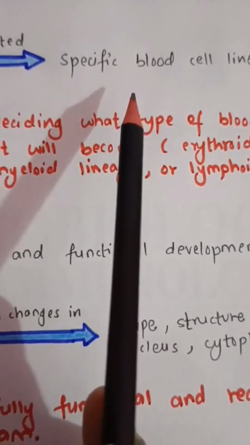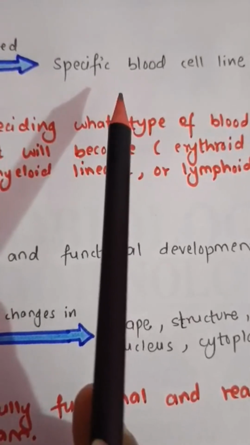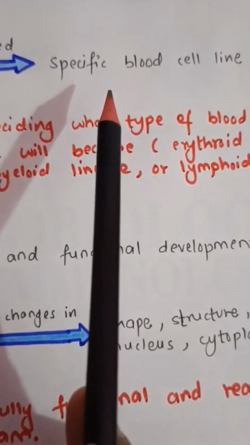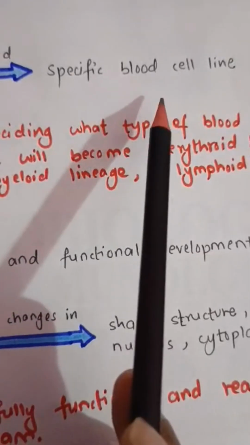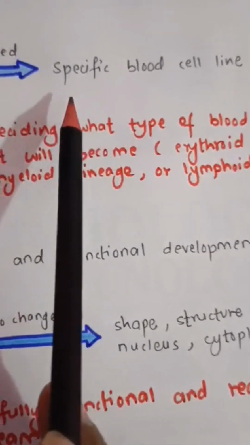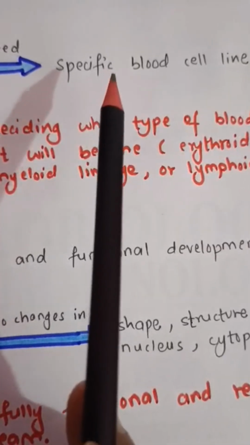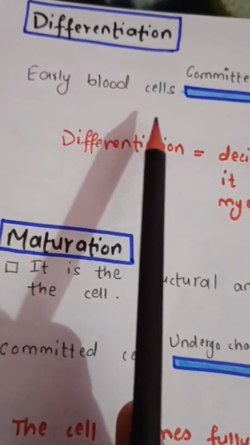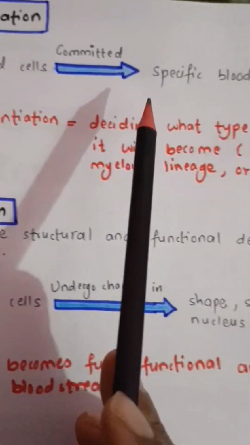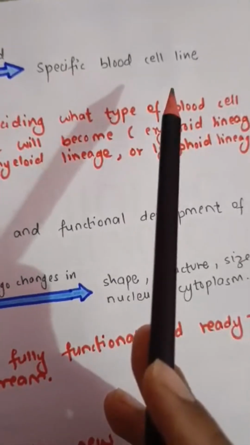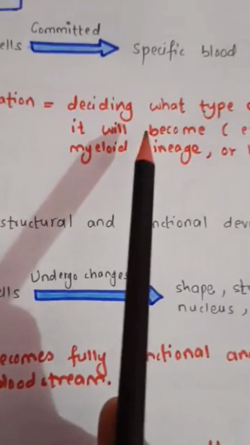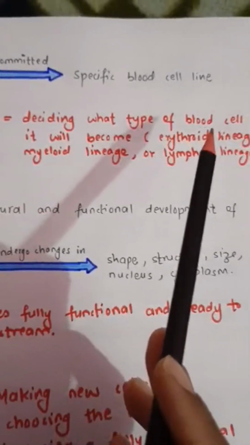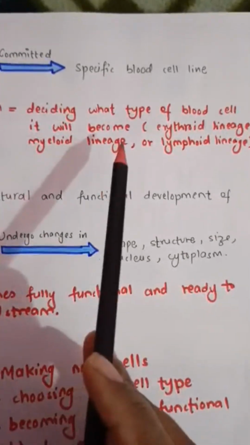For example, some cells become RBCs, some become platelets, some become WBCs. So they start to enter a specific bloodline. They start to choose which cell they want to form. So, early blood cells get committed into a specific blood cell line. Differentiation is simply deciding what type of blood cell it will become.